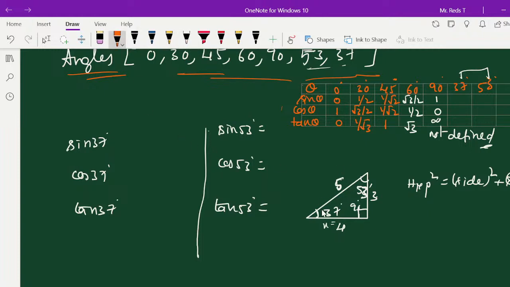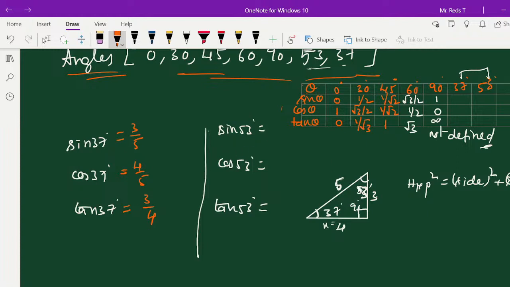From the triangle, sin theta is opposite side by hypotenuse, so sin 37 is 3 by 5. Cos theta is adjacent side by hypotenuse, so cos 37 is 4 by 5. Tan theta is opposite side by adjacent side, 3 by 4.